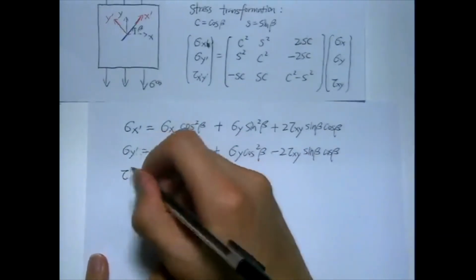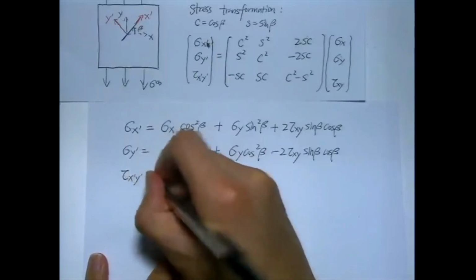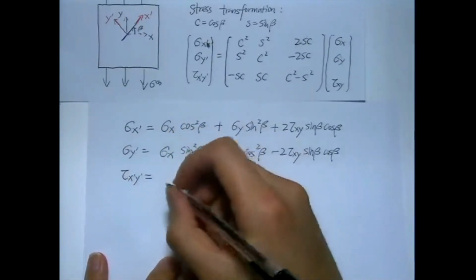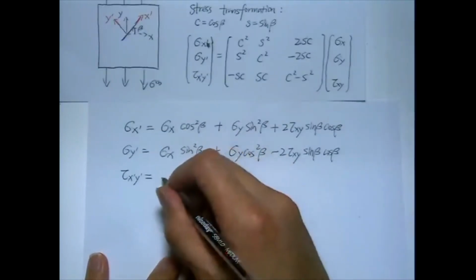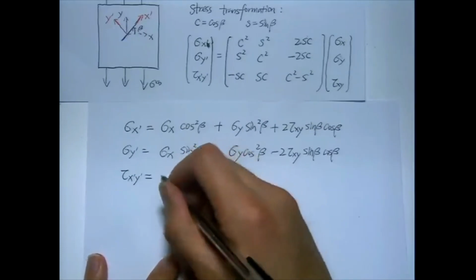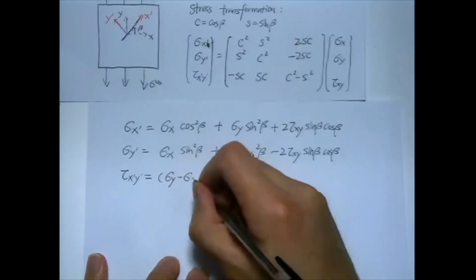And tau x prime y prime equal to this times that. Okay, I will give you the simplified version. You can copy that down, but that's the simplified version of the linear algebra.